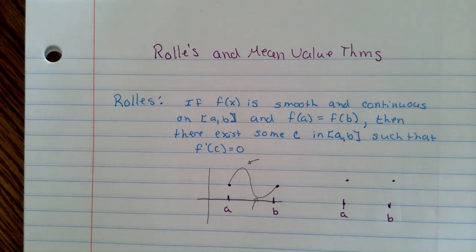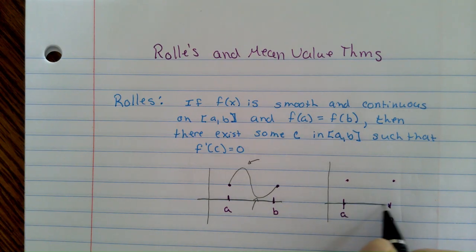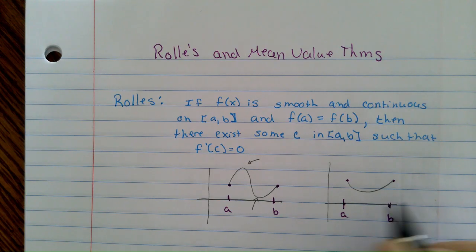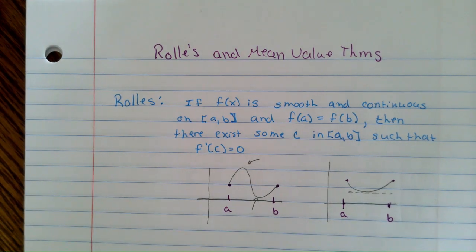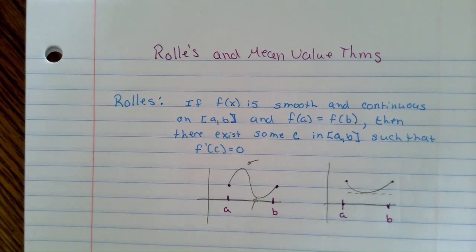Make sure they equal. It could have just been this. But again, the derivative of the tangent line would hit 0 at some point in time. That's all Rolle's theorem is saying. Okay? So smooth, continuous, f of A and f of B happen to be the same thing.